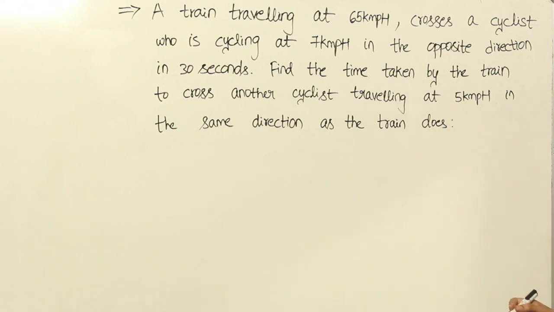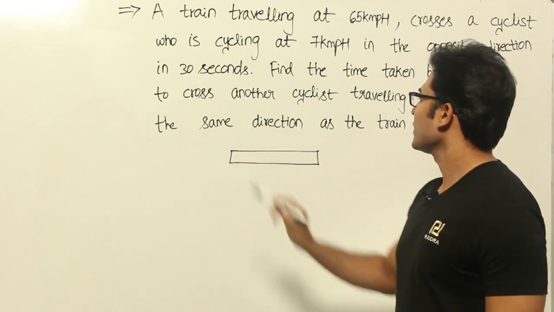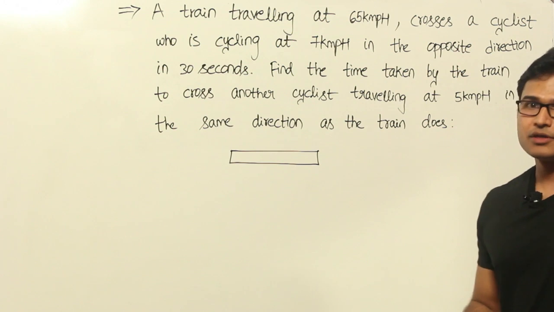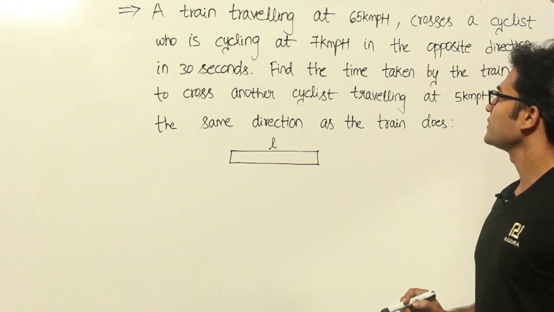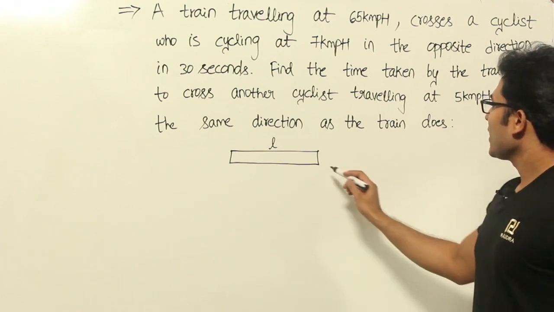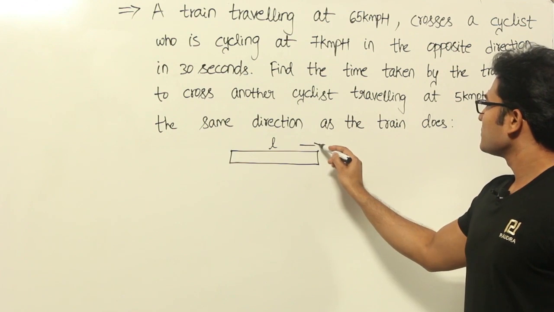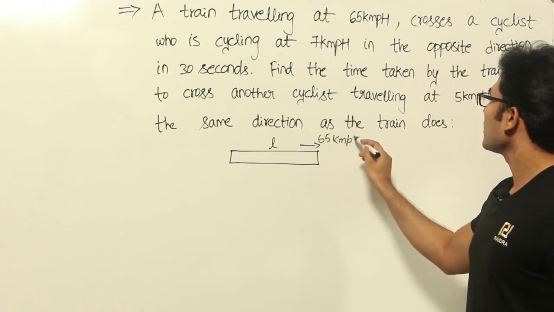So what they are trying to say is, initially there is a train, right, and the length of the train is not given. Let us assume that the length of the train is L meters or L kilometers, we shall see it later. And now it is traveling at a speed of 65 kilometers per hour.